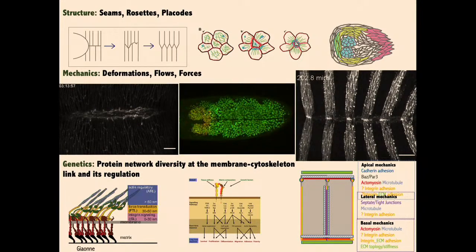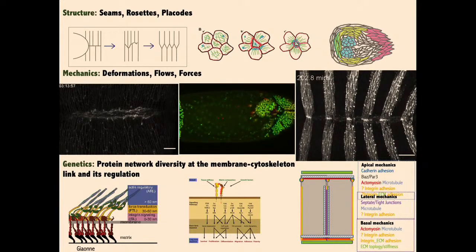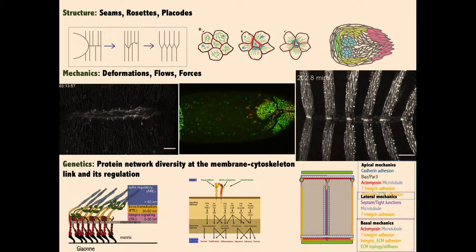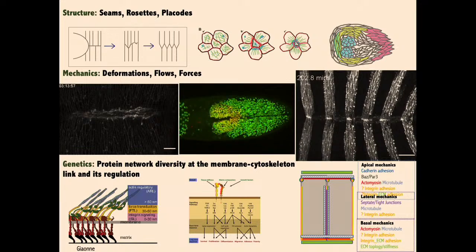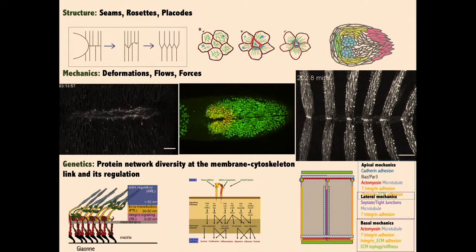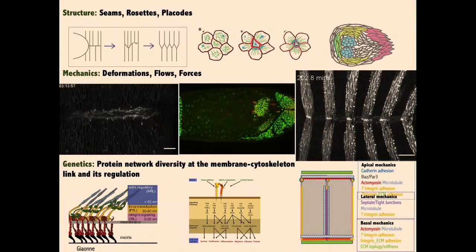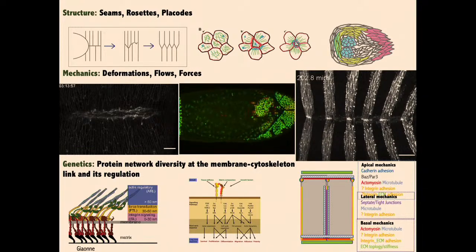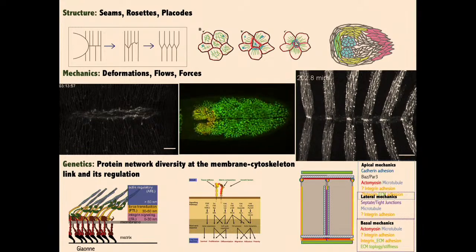If you zoom in on these seams a little bit later on, you'll actually see that they go from an arrangement where cells are meeting head on like this to form plus or T-shaped junctions to becoming like this, which is more like how we arrange bricks when we build a house, with this staggering or interlocked configuration. So one thing we've been focusing on is how do you build seams like this?